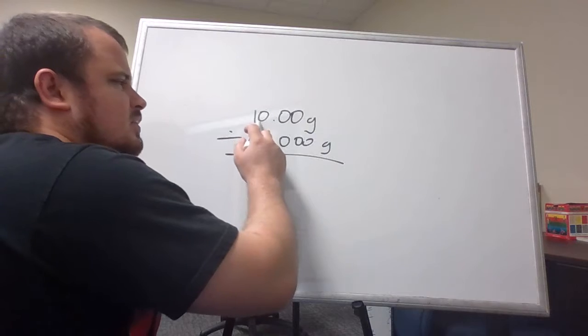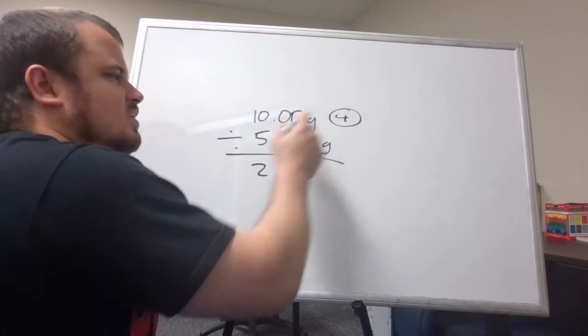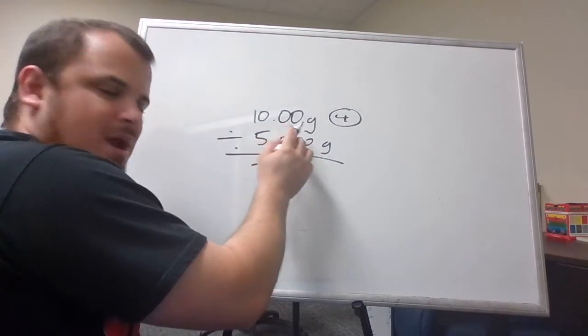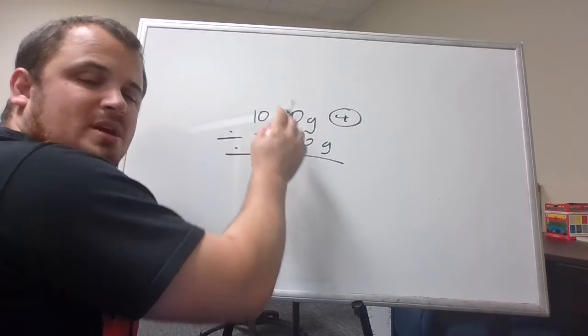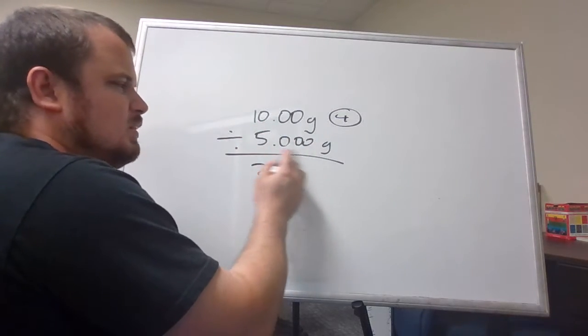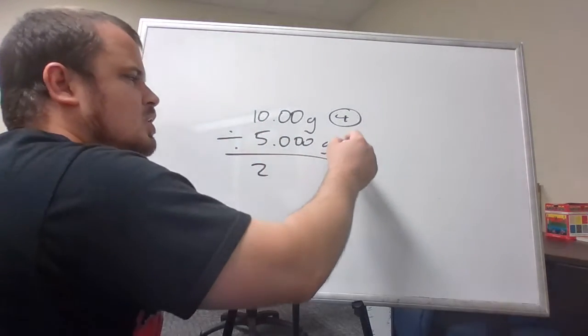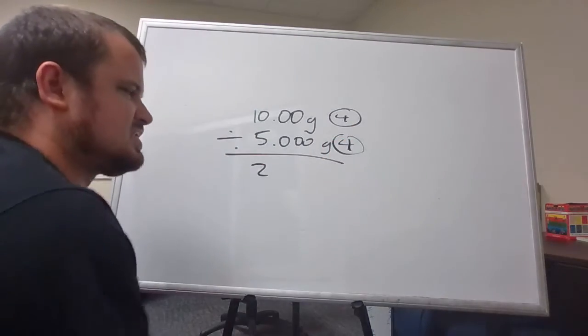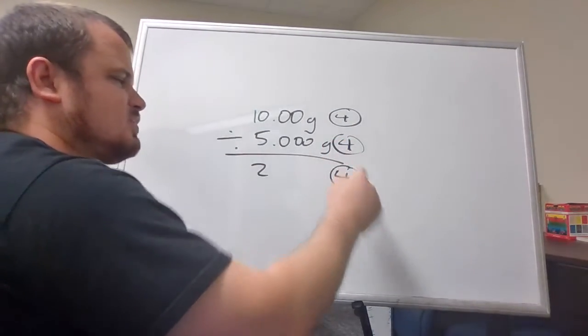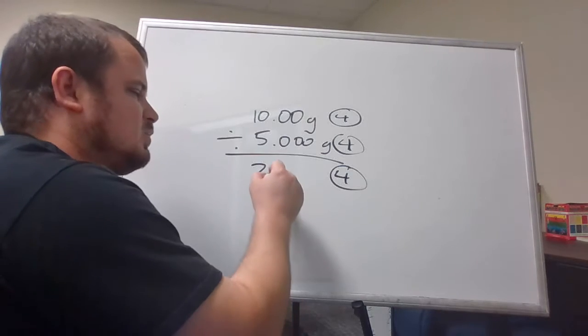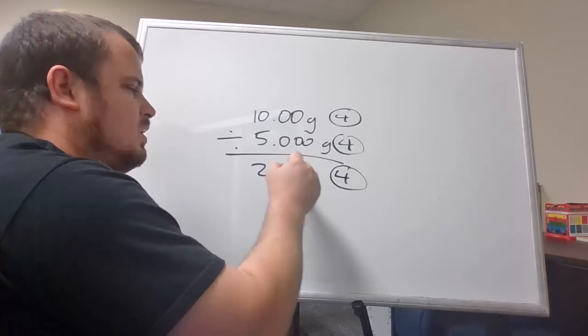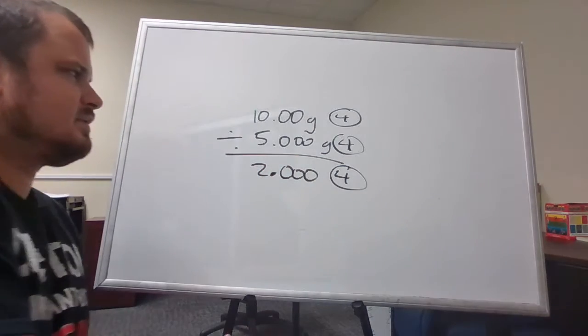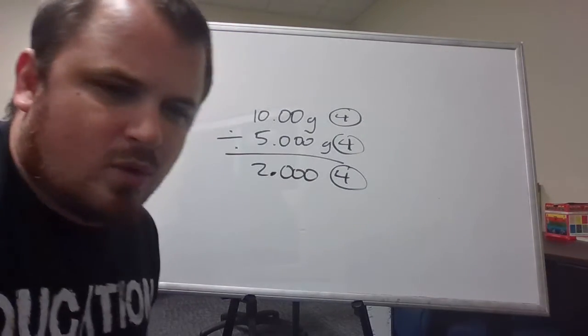So look right here. This has 4 significant digits. All of your zeros are on the right side of the 1, and you have a decimal present. This has 3 zeros on the right of the 5 and a decimal present. So both of them end up having 4 significant digits. So my answer is supposed to have 4 significant digits. So my answer will be 2 point, and we'll go 1, 2, 3. So we have a total of 4.